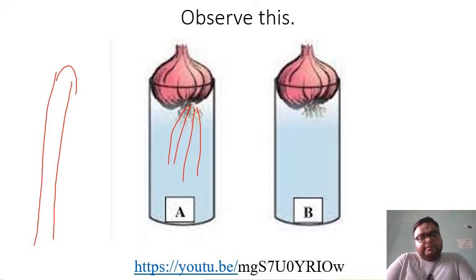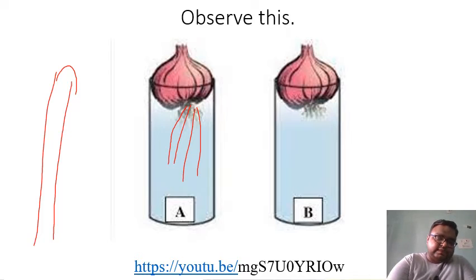This is inverted, right? So this part is connected to the onion and this part is going above, right? So which part of this root is growing, students? Okay, so it is growing in this region, right?